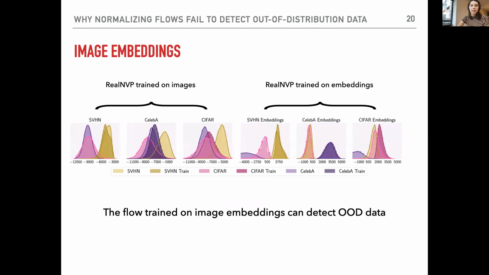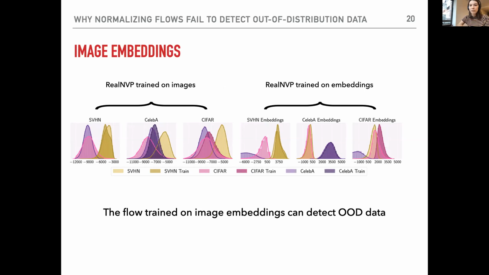And the last part is the image embeddings. For this experiment, we took image data sets such as SVHN, CelebA, and CIFAR, and then we extracted high-level semantic features using a deep net pre-trained on ImageNet.